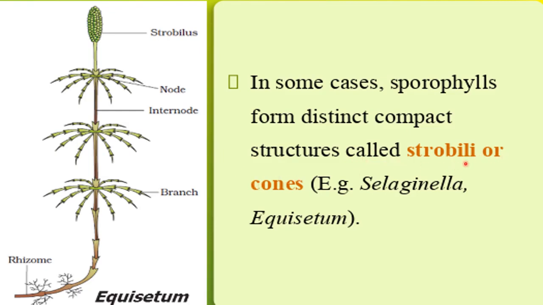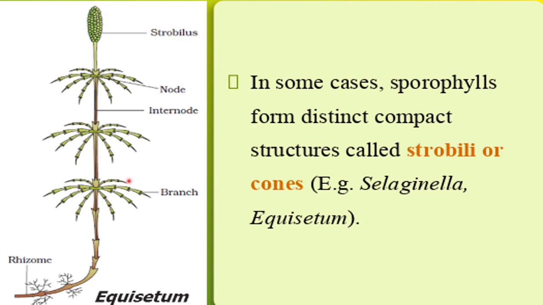So see here, this is a strobilus. This cone-like structure you can see here is called a strobilus. Strobilus is the singular form, and strobili is used for the plural form.